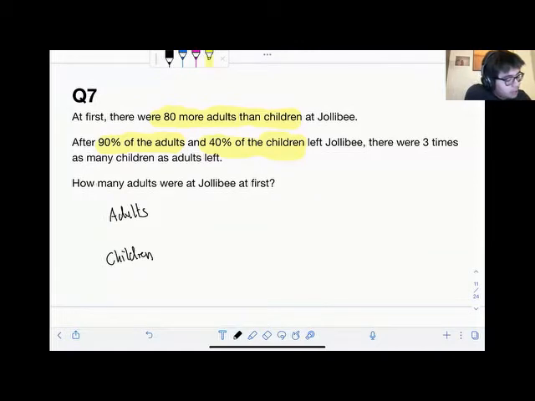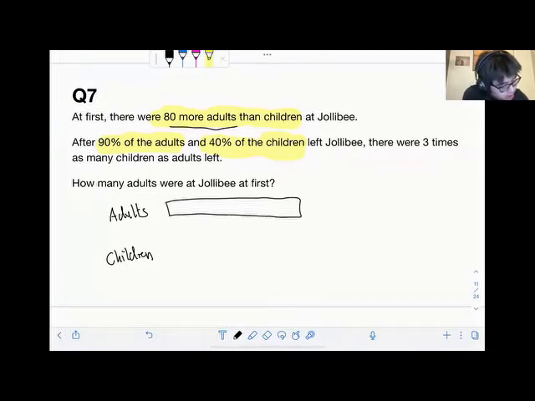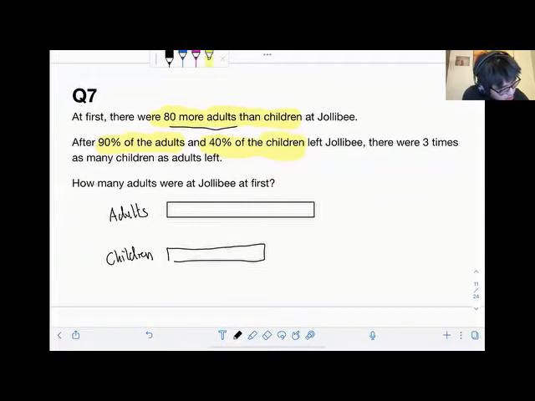And we say at first there were 80 more adults than children at Jollibee. So, alam lang po natin na mas marami yung adults kesa kay children by 80. So, adults and children, 80 na.